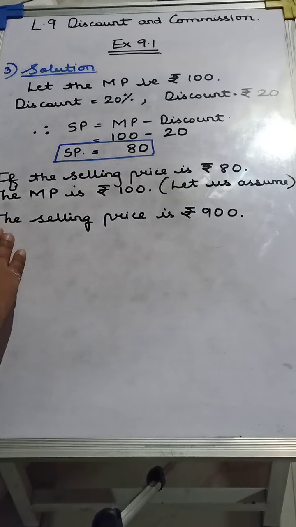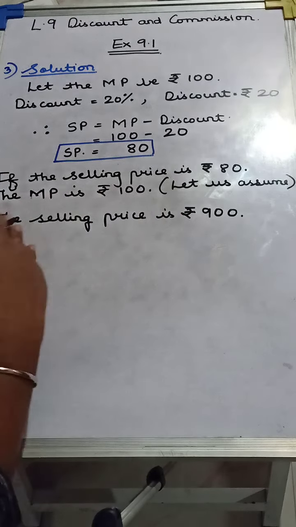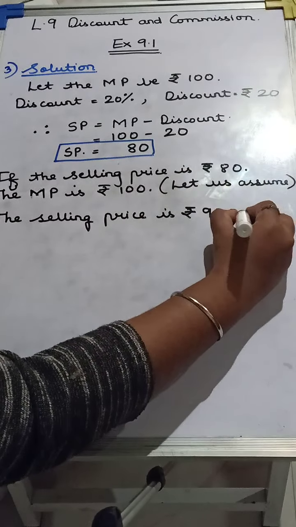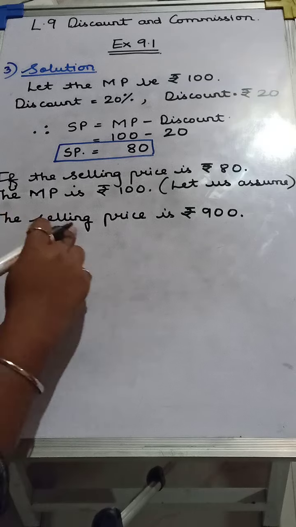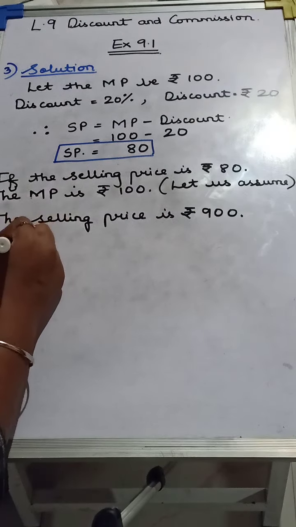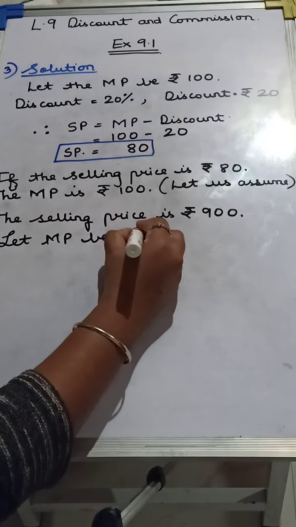Or you can even write the sold price is rupees 900, because it's already sold. So if the selling price is rupees 900, we don't know what its marked price is. So let us again assume, let the marked price be X.